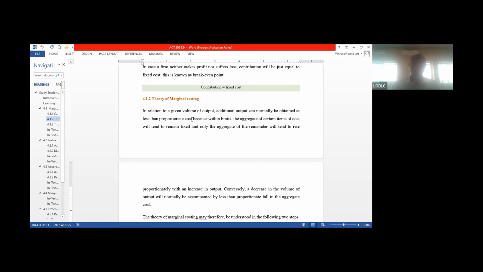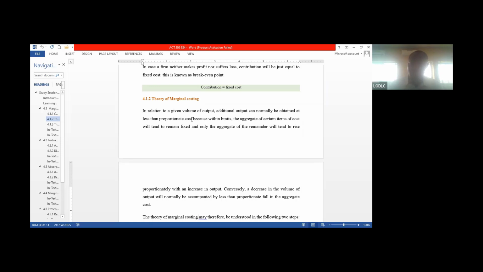What they are saying here is this: our variable cost, variable output graph, or let me just say marginal cost graph. As output increases, the cost will also be increasing.